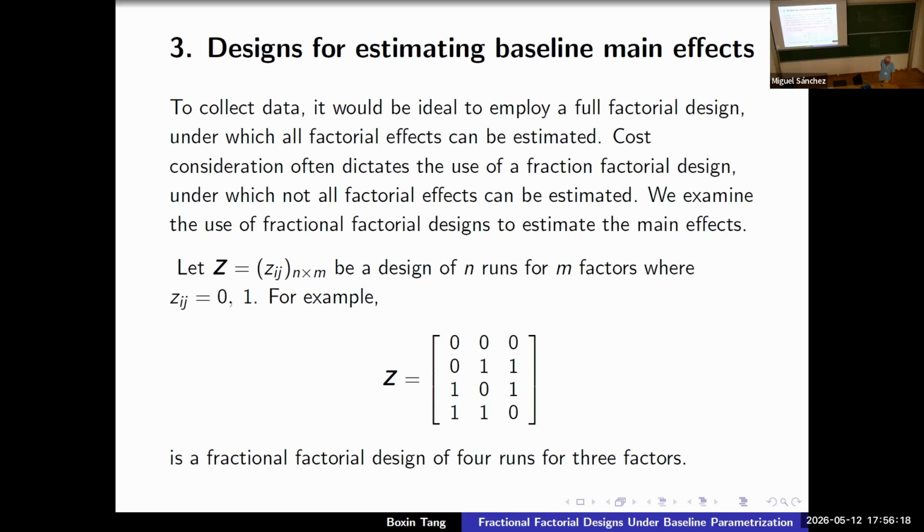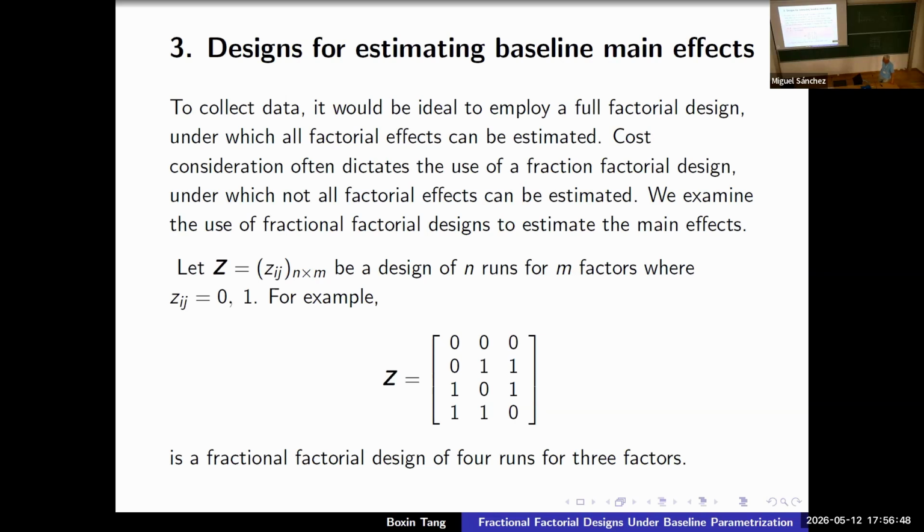For example, for 10 factors, the total number of combinations is 1024. With 20 factors, you get over a million combinations. And because of this, fractional factorial design is helpful. So consider fractional factorial design for estimating the baseline main effects.